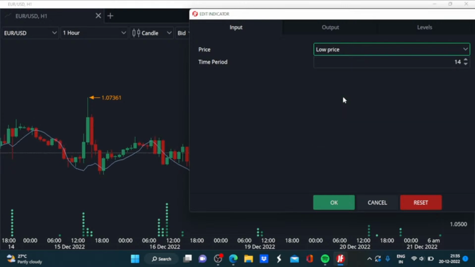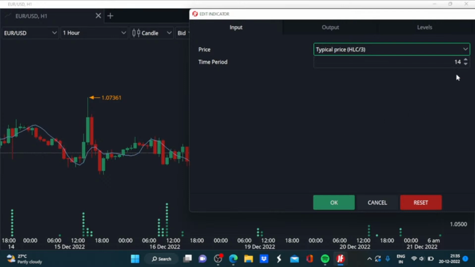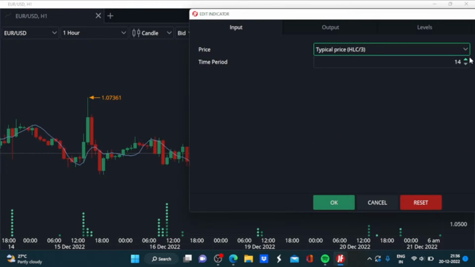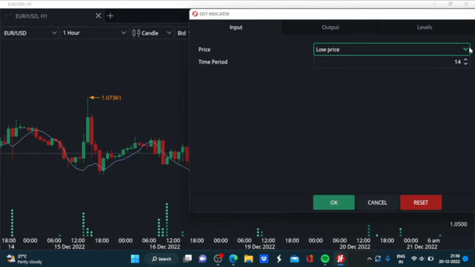So pay attention to these charts and how it changes whenever I change the applied price of this indicator. There is one interesting observation, and using this you can see how things are shaping up in the market based on different criteria, and using that you can then decide to trade.